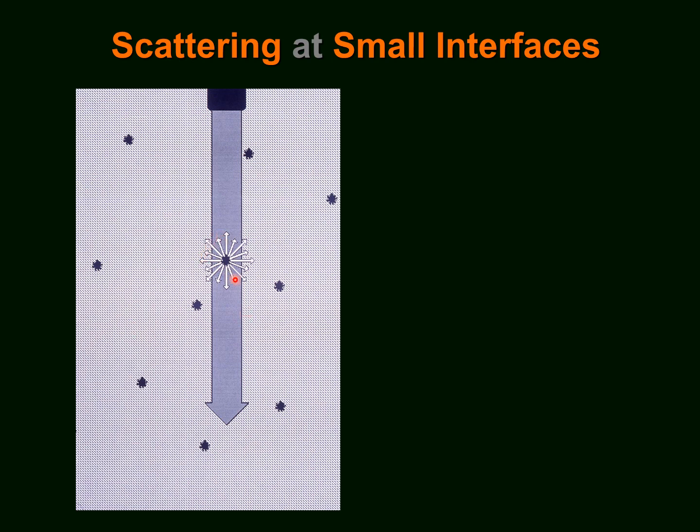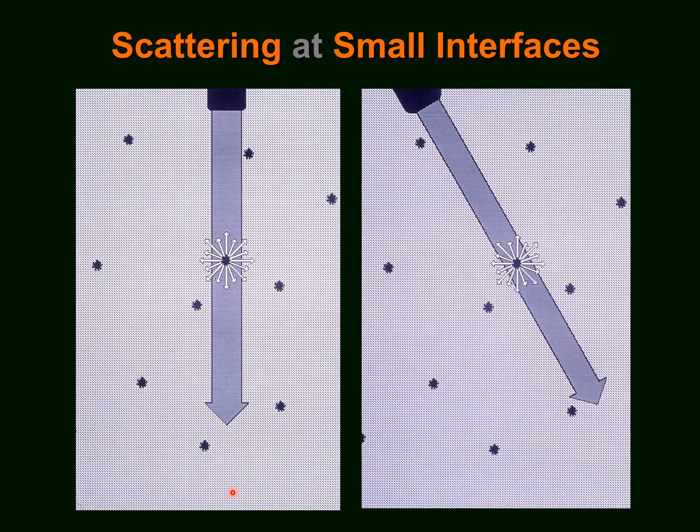By scattering, only a very small fraction of the energy returns to the probe, even if the small interface is centered in the beam. The direction of the beam may not change that at all. As long as it's centered in the beam, this small interface will give the same very weak echo signal.